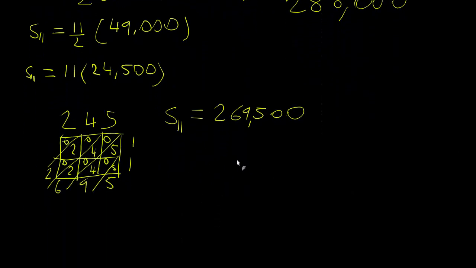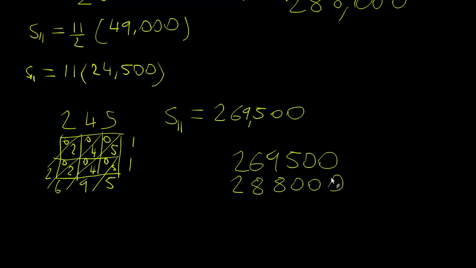Now we just need to add those up. So the sum of the first 20 terms is equal to 269,500 and 288,000. So 0, 0 from adding these. 5, 9 and 8 makes 17. 6 and 8 makes 14, with the 1 makes 15.